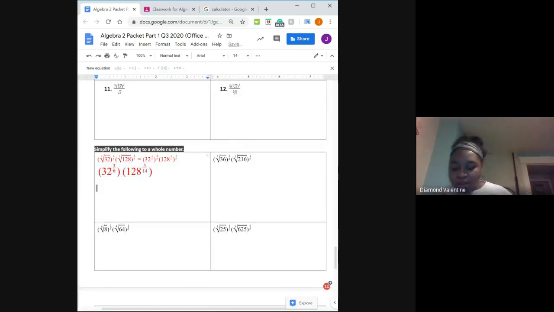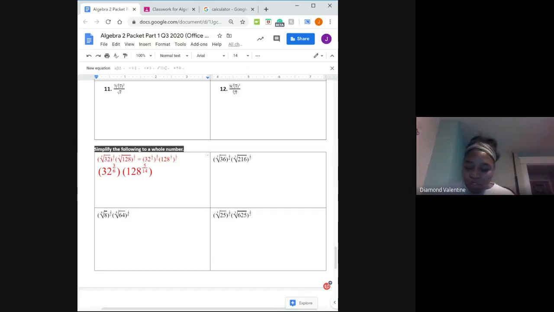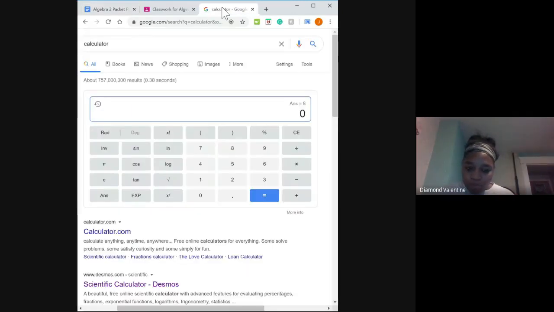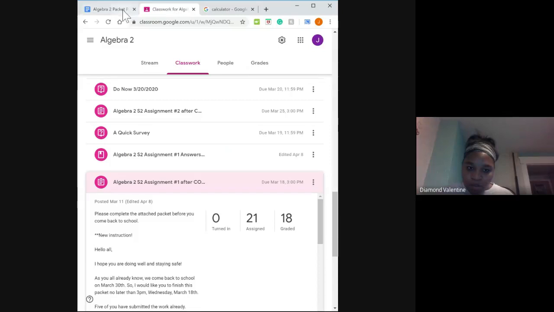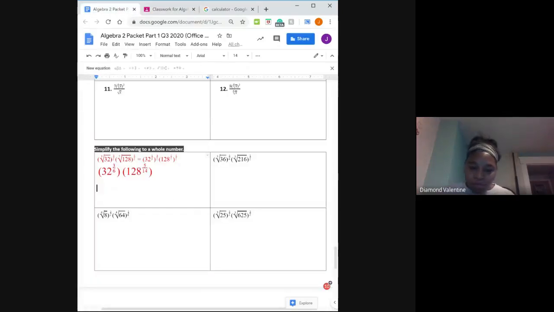That would be 32 to the, I feel like I'm going to have to put this in parentheses. Right, you need to. 32 to the 3 close parentheses times 128 to the 5 divided, close parentheses.